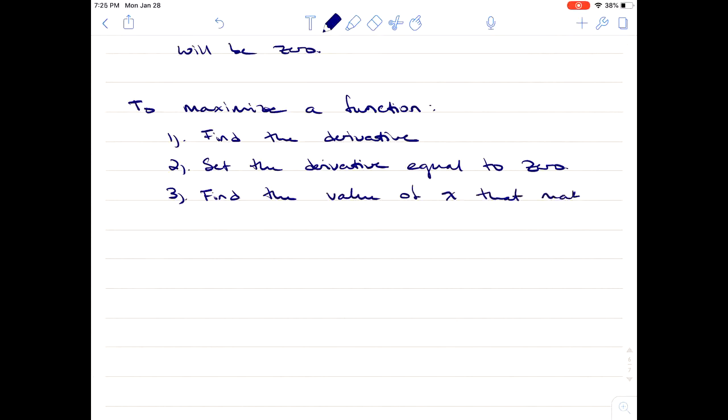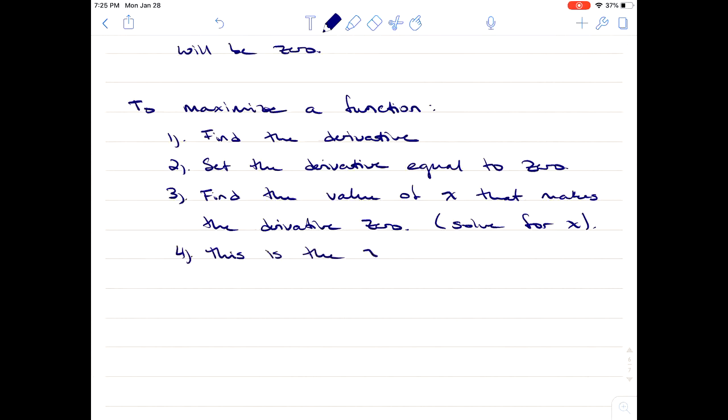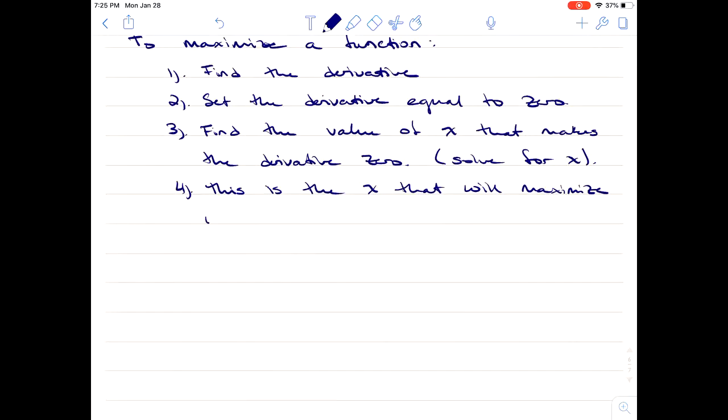Basically solve for x. This is the x that will maximize your function.